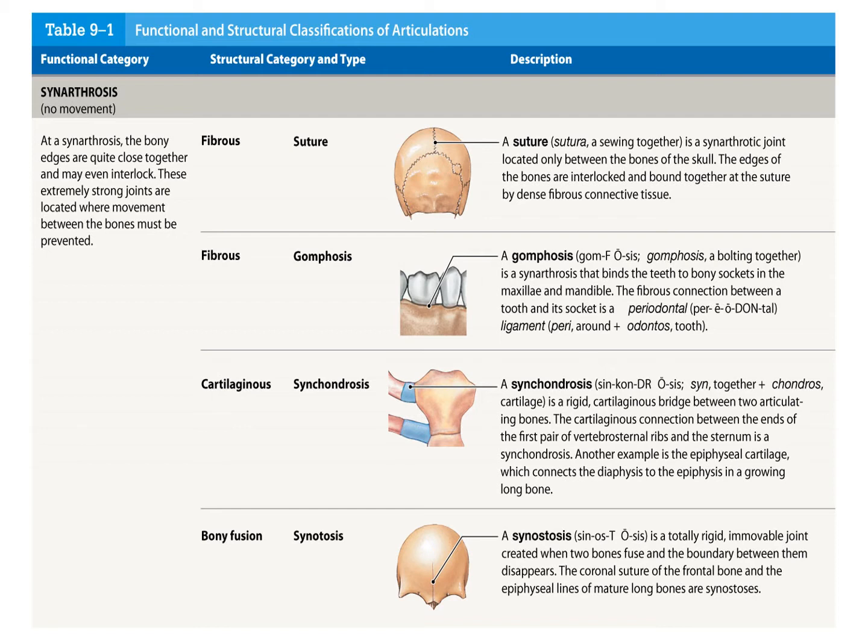There's no cartilage in between, there's no fibrous connective tissue in between. It is just two pieces of bone that have bound together, leaving an epiphyseal line. So in our long bones, we have the epiphyseal plates while we're growing, and then when they fuse, they leave epiphyseal lines. Those epiphyseal lines are also considered a synostosis.